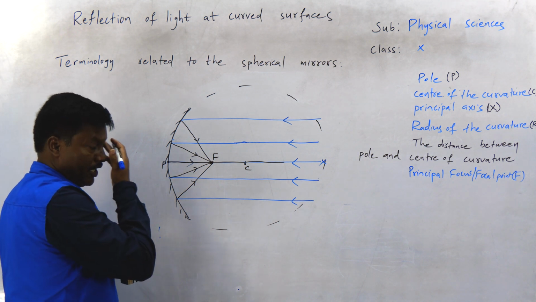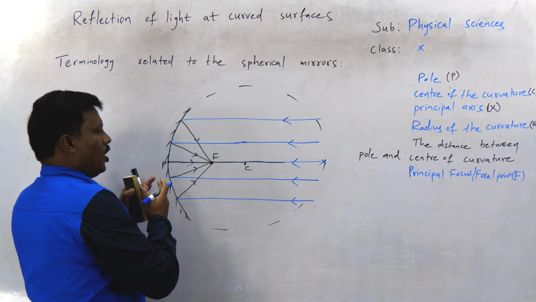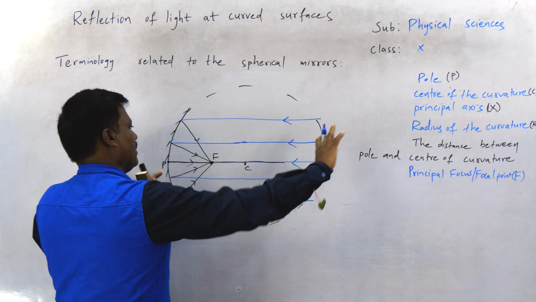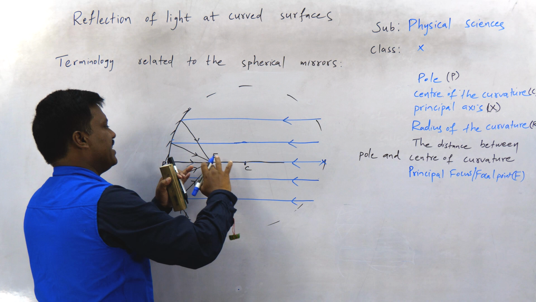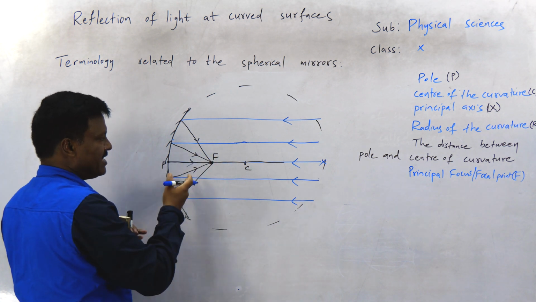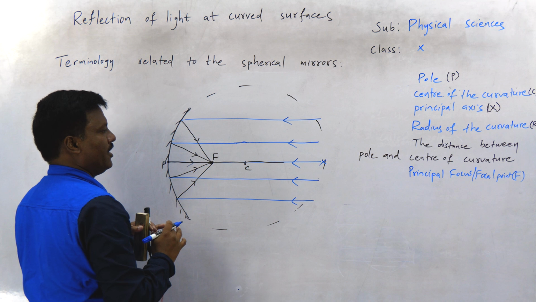Now you see, the object is placed at infinity, a parallel beam is incident on this mirror, and after reflection all the light rays meet at one point. It is converging, that is why after reflection all the light rays are meeting.